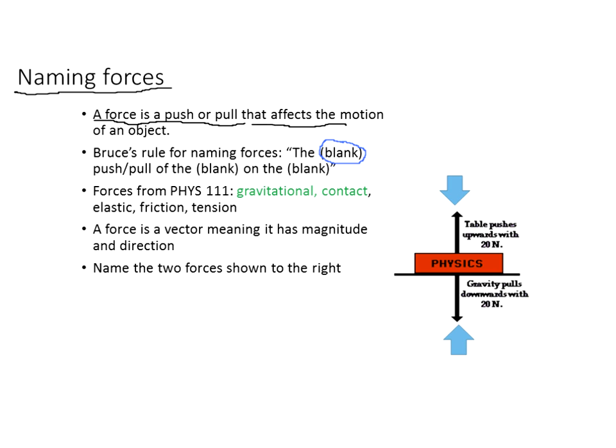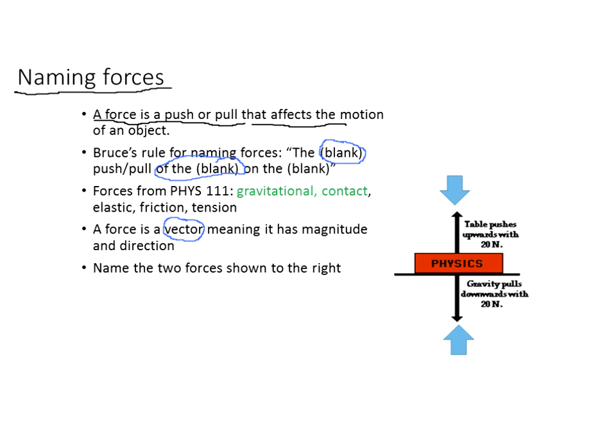And there are different things that exert those forces. Some common one-name forces that we'll have in our class, gravitational force, contact force are probably the two most common. Elastic force, friction is pretty common. Tension, which you could argue is a contact force, is pretty common as well.